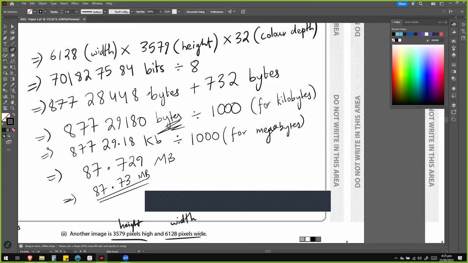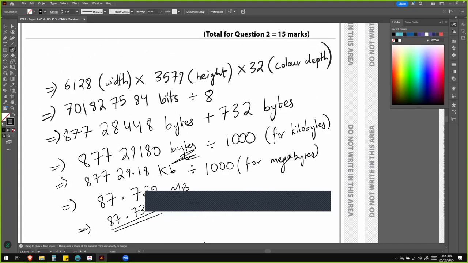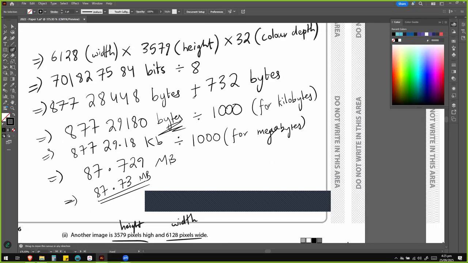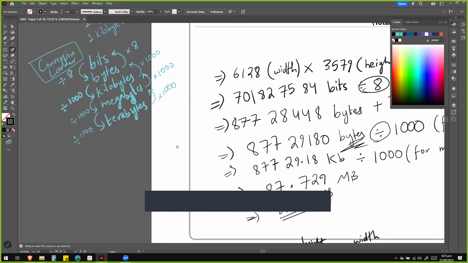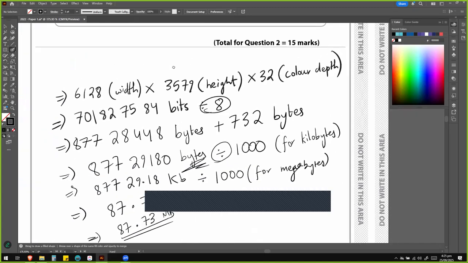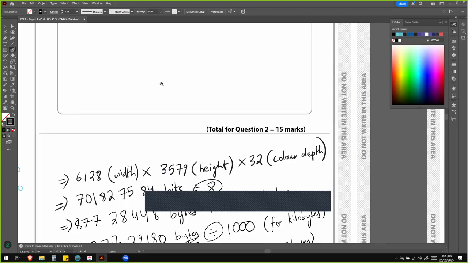Now I did all of this using calculators again, I repeat, so that we have an easier time understanding why we introduced a certain thing inside of the expression, why we added something, why we divided something by 1,000, why we divided something by 8. All of that should now be clear for you when we did this conversion ladder. So now I want to write this just as an expression that will help you get your marks in the exam.